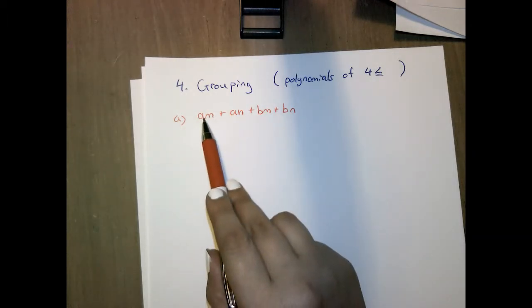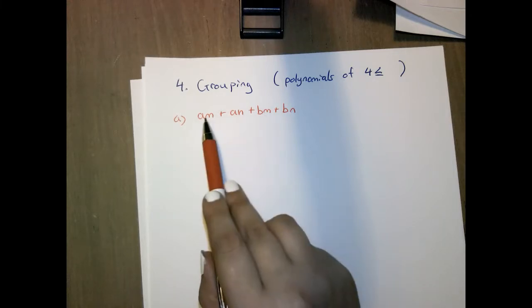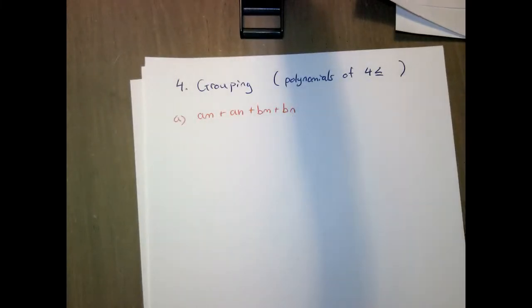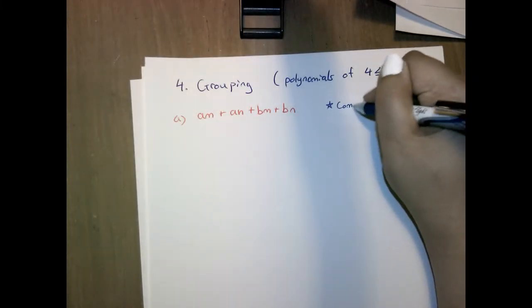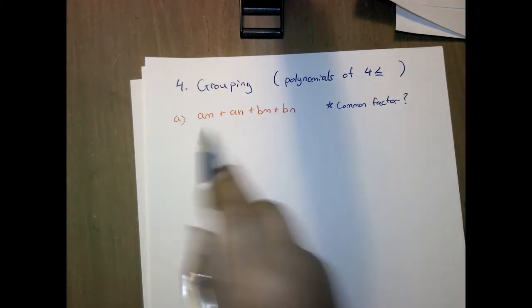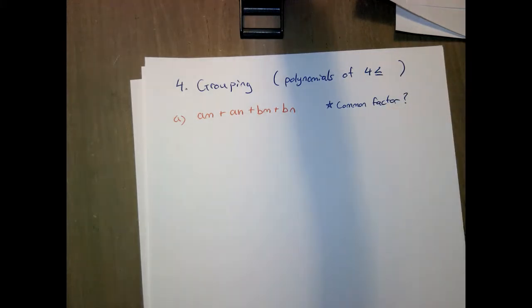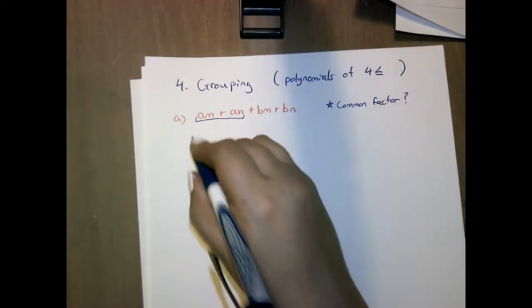Am has something in common with an, and it also has something in common with bm, but it doesn't have anything in common with bn. So when I check to see if I can common factor, I can't really common factor anything from all 4 of the terms. However, I could group together am with an and factor out an a.